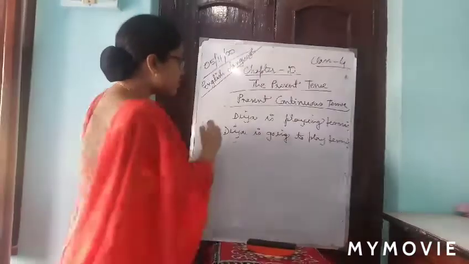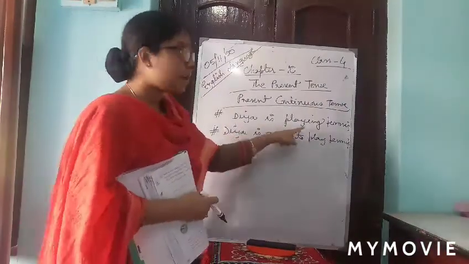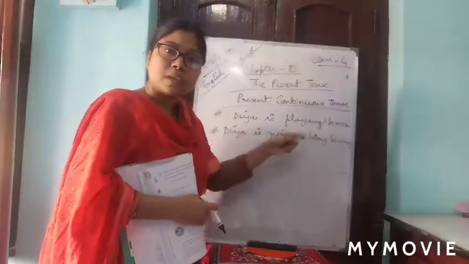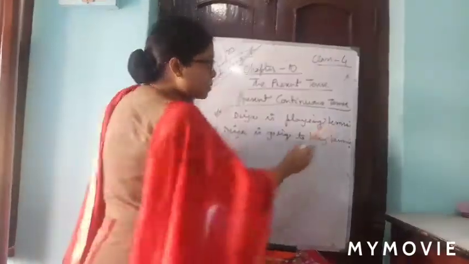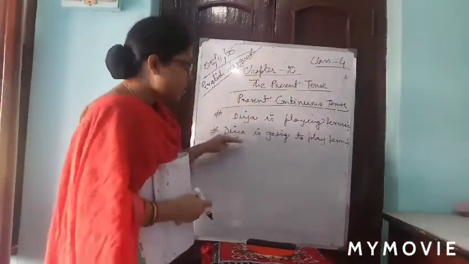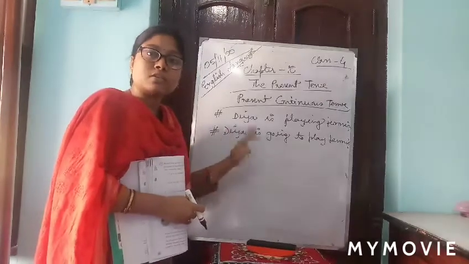In these two sentences, you see, the first one refers to the present situation. Dia is playing tennis, she is playing tennis now. But you see the next sentence, Dia is going to play tennis, means she has still not started.